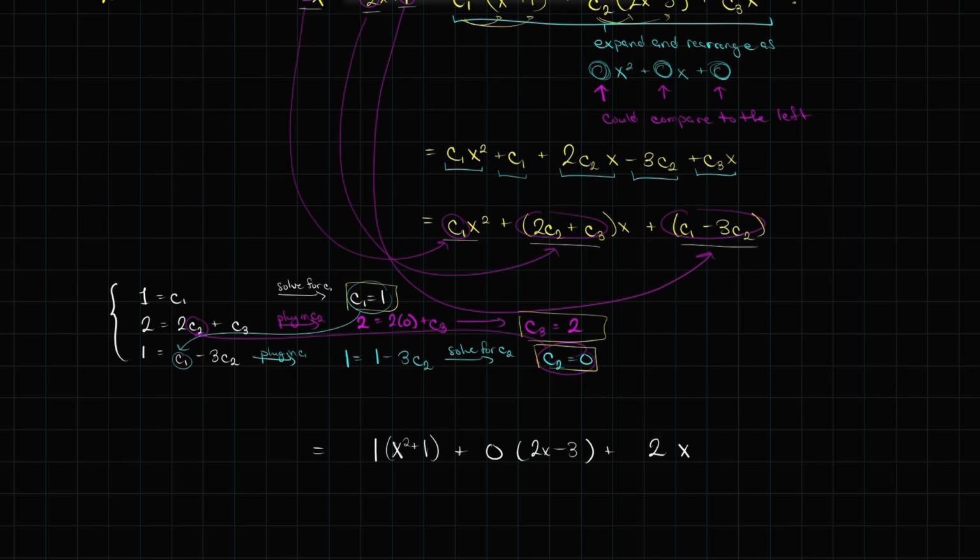Let's verify this really quick. If I multiply x squared plus 1 by 1, the next one by 0, and the next one by 2, what am I left with? I'm left with x squared plus 2x plus 1, which is what I wanted to recover.